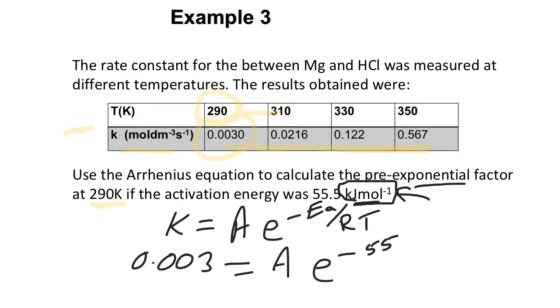For this expression, you must put the activation energy in joules. So you need to multiply that by 1,000, divided by R, 8.314, times the temperature, which is given as 290.